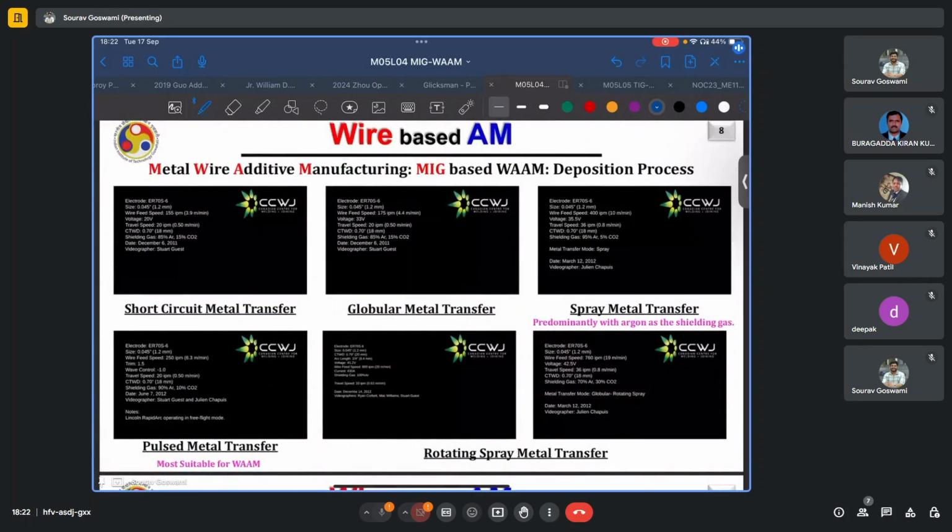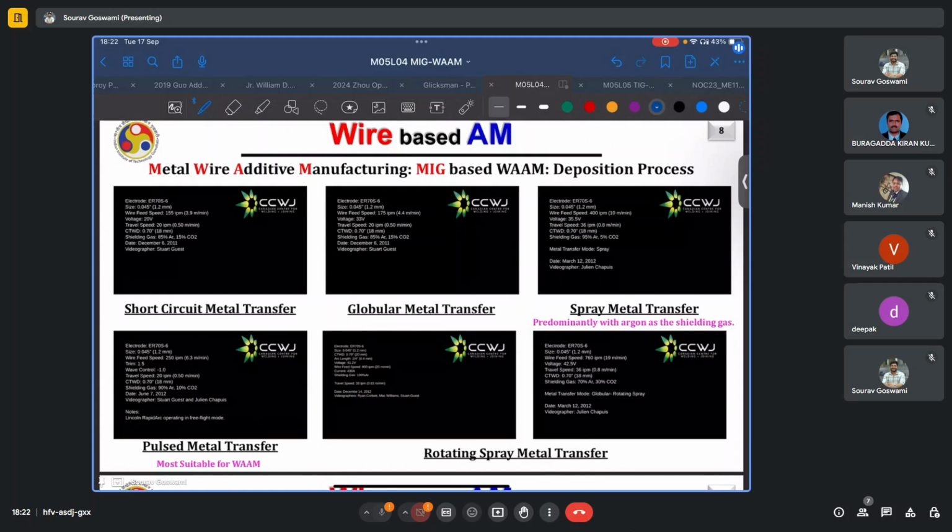Now, in short circuit metal transfer, what happens is the wire initially is at a standoff distance from the base metal or the pre-deposited layer. Then as it is fed, it comes in contact with the build plate. The circuit is completed and a short circuit happens.